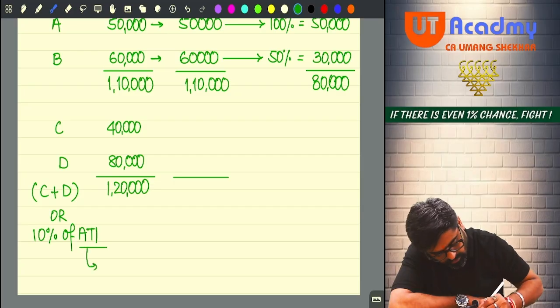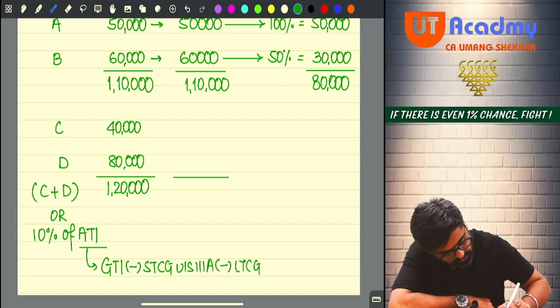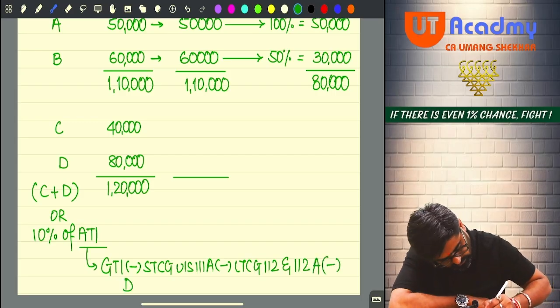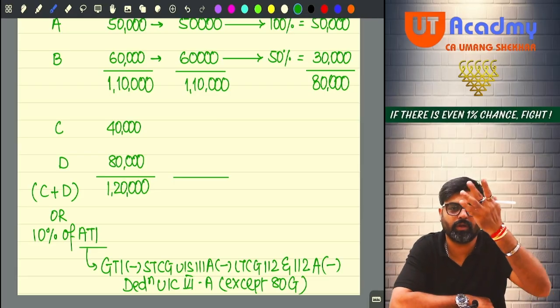Very simple. You have calculated your GTI, no? Out of your GTI, reduce STCG 111A, reduce LTCG 112 and 112A, and also reduce deductions under chapter 6A, all deductions except ATG, because ATG only you are calculating now.